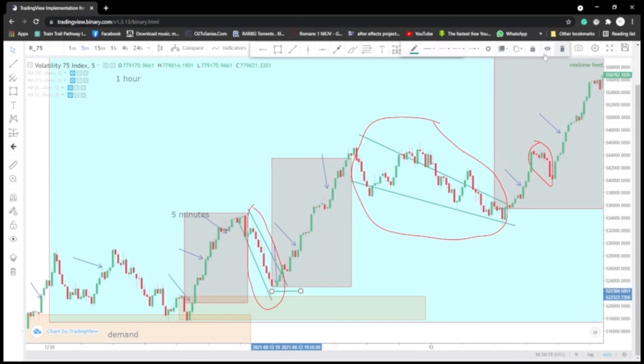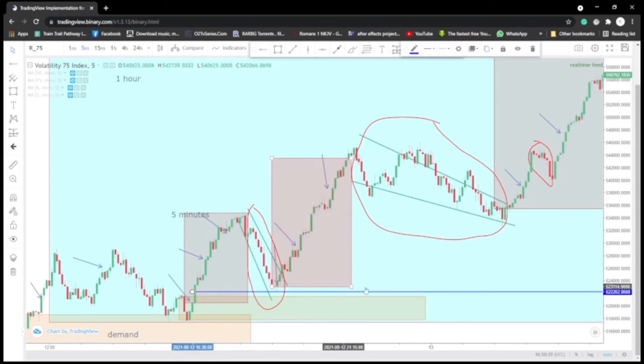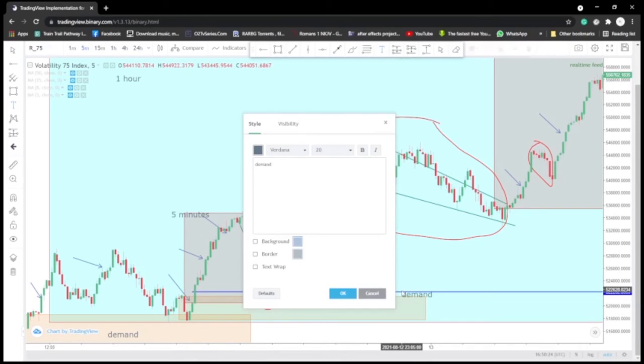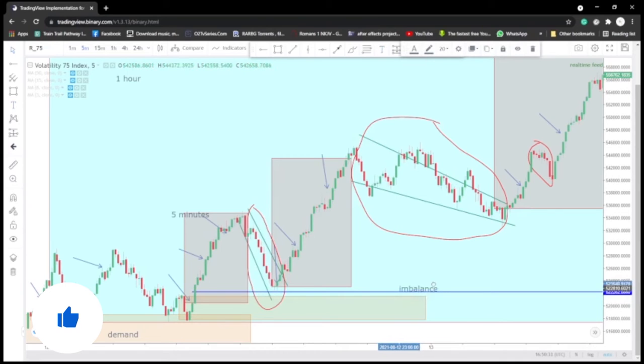So now I have to tell you about an imbalance. This here on this line, let me just write, it's an imbalance. Imbalance, guys.